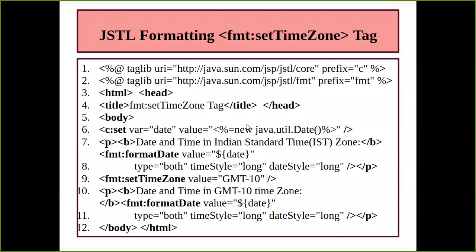This date variable is going to hold the current system date and time. That has been placed inside this variable, and this variable is called over here. That means this date and time is going to be printed. In which format I have to print the date, that also we have to make the JSP understand.